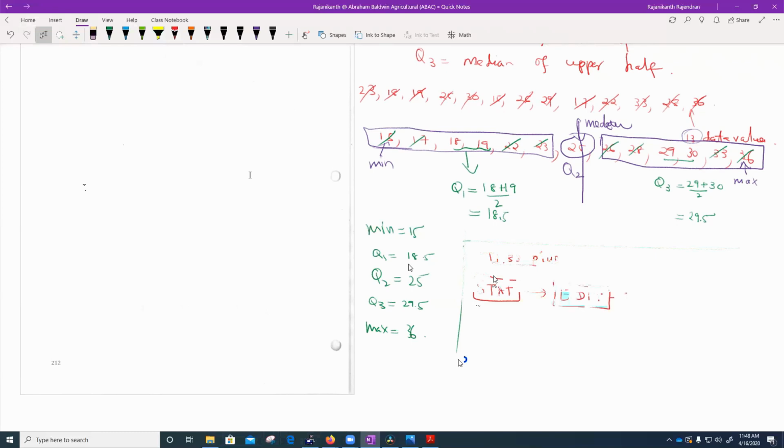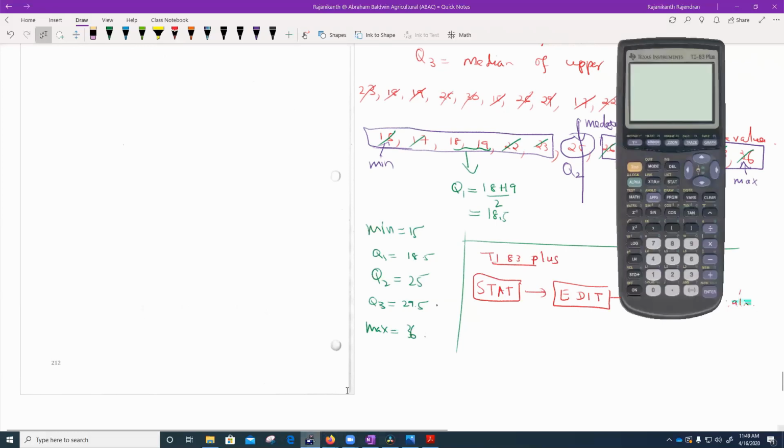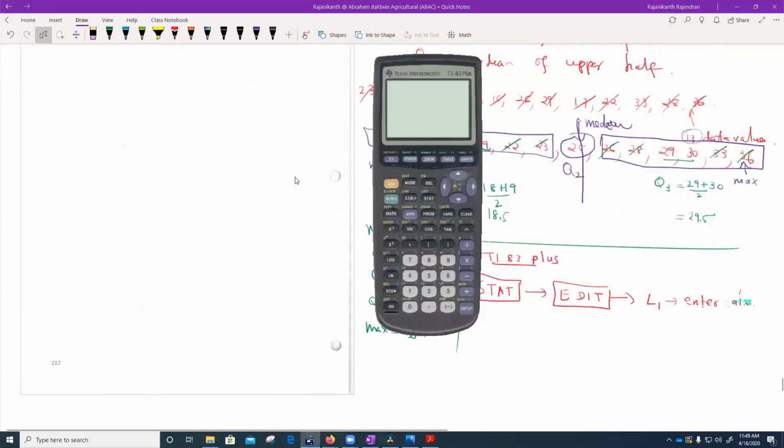We all know this, right? We did the regression problems in chapter 3 or 2, I believe. Now enter all the data values into your first column, the L1 column.